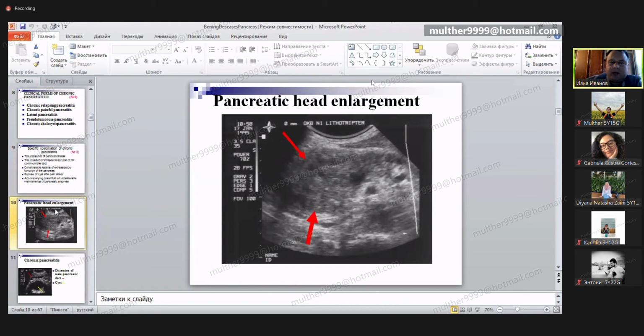So, methods of investigation. Firstly, some words about the laboratory investigation.